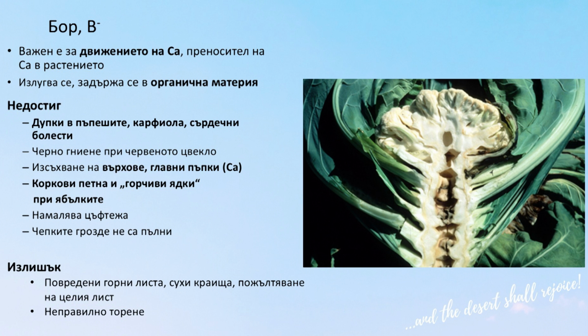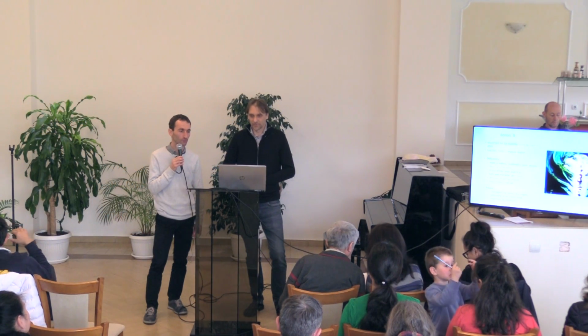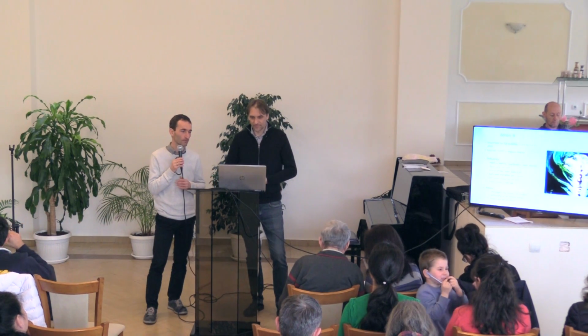Typical black holes in cauliflowers you can see in a picture, or black holes in beetroots. It really fixes problems. I had a problem with boron, and once I applied boron at the proper level, the problems just disappeared.